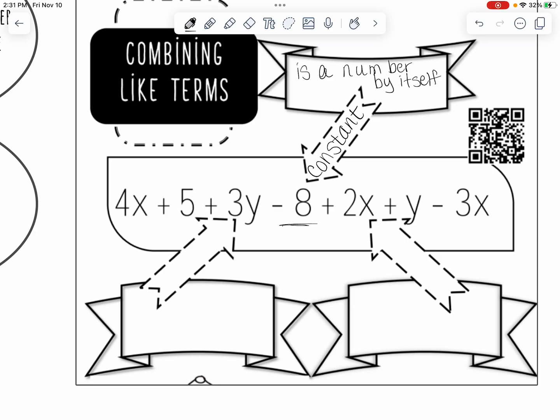Now, a number that is not by itself, that has a letter, which is called a variable, tied to it. So right here we have 3y, 4x, 2x, y, and 3x. If it has a number next to the variable, it is called a coefficient.